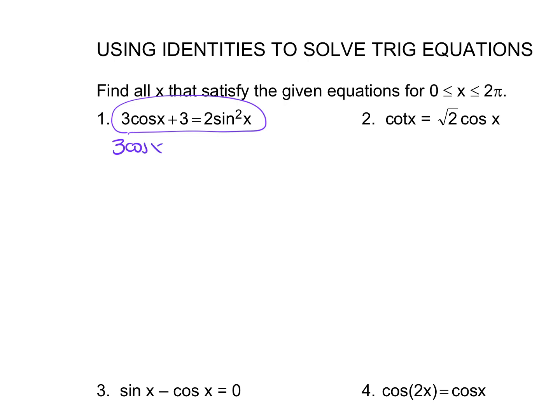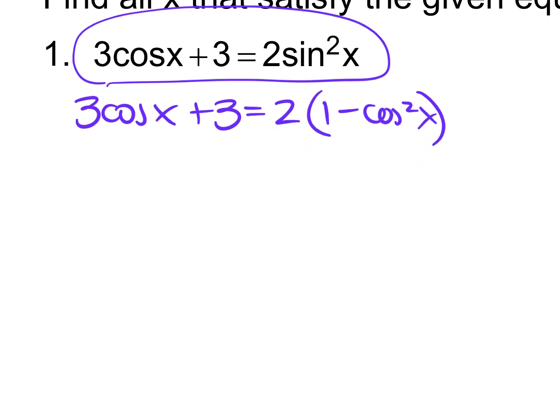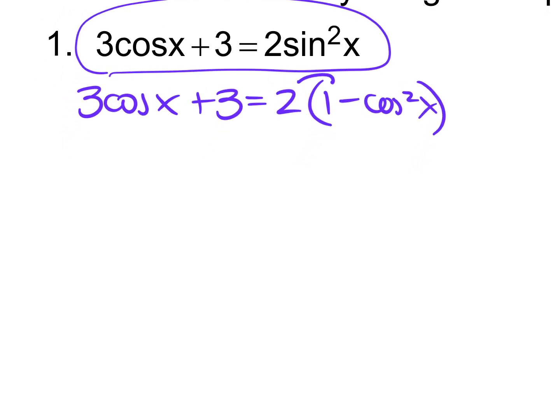All right, so if I take out my sine squared and in place of it, put 1 minus cosine squared, will this look a little bit more like the ones on the previous page now? I have to do a little distribution and a little bit of movement around, but this turns it right back into a normal factoring question. I would quickly distribute my 2 and then move everything to the left so it equals 0.